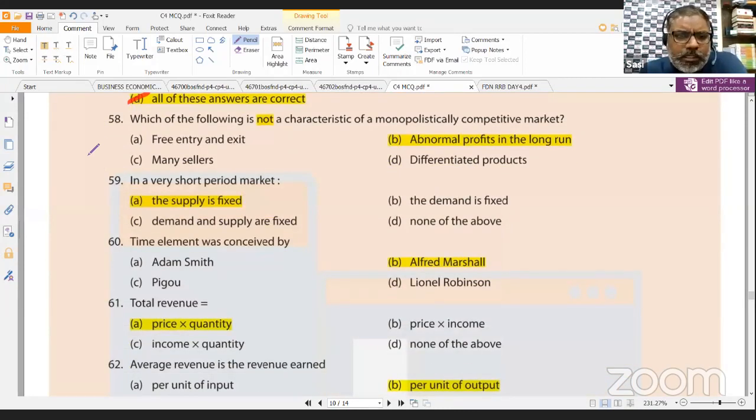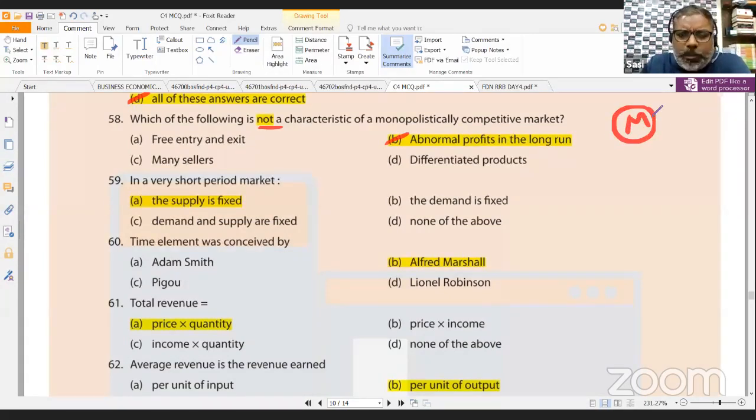All of them are characteristics of a perfectly competitive market. Then we have the 58th question. Which of the following is not a characteristic of a monopolistically competitive market? Abnormal profits in the long run will not happen in monopolistic competition. They can only happen in monopoly.